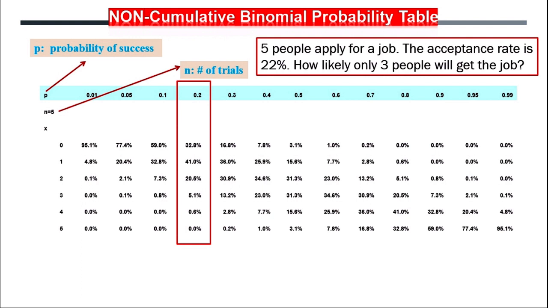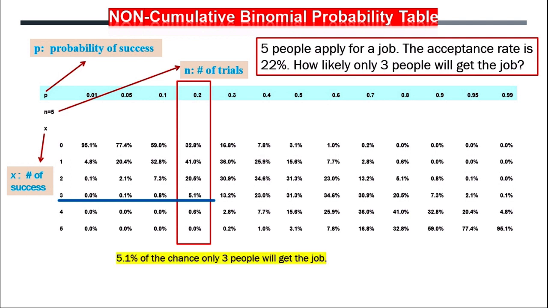If p is in the middle, say 25%, you can either choose 20% or 30%. Lastly, find x. The question asks how likely only 3 people will get the job. So x, the number of successes, is 3. The crossing is 5.1%. So there is a 5.1% chance only 3 people will get the job.